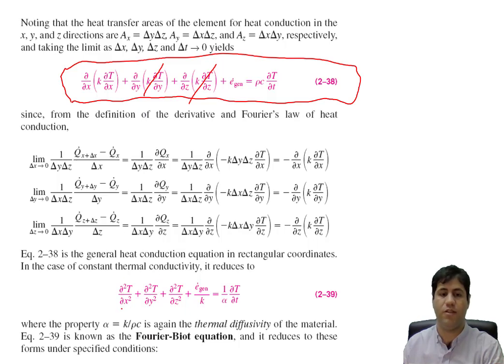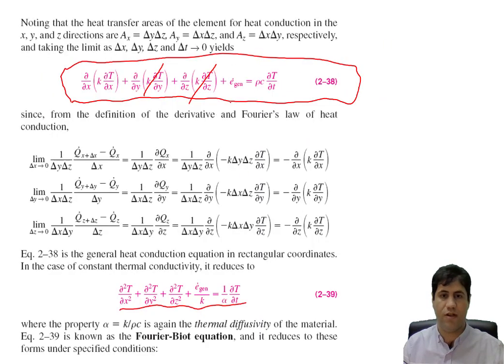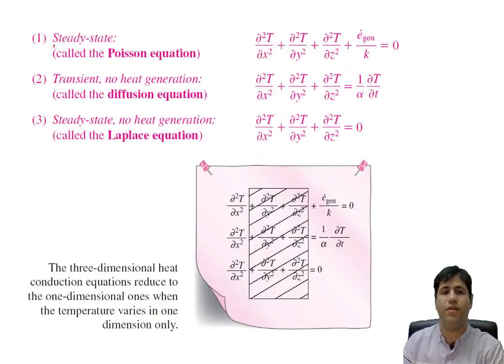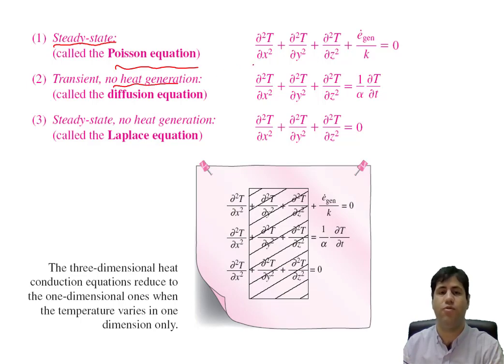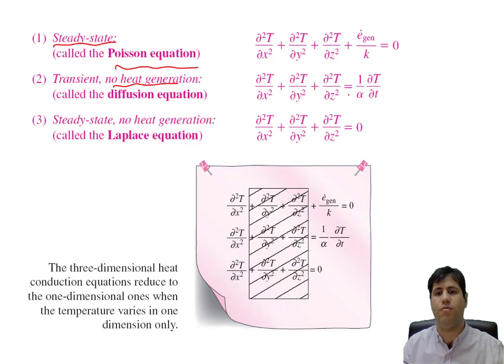If thermal conductivity is constant, again, it will become like this. And the general equation can be simplified for steady state, which has a specific name, the Poisson equation. When we have transient heat transfer but no heat generation, this term will be removed and the equation will just be like this.